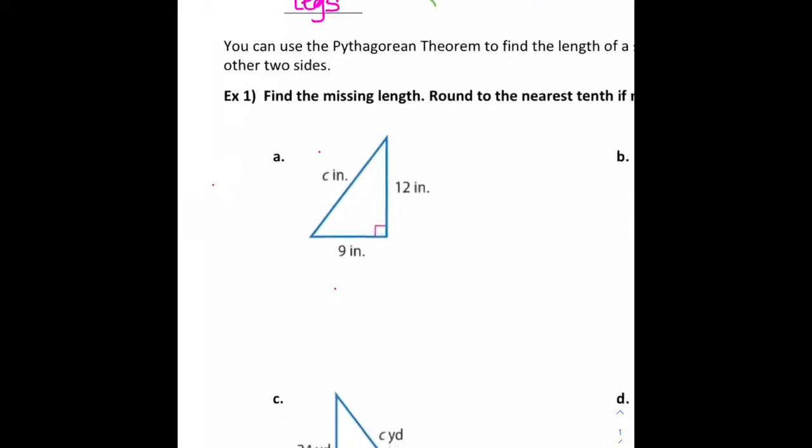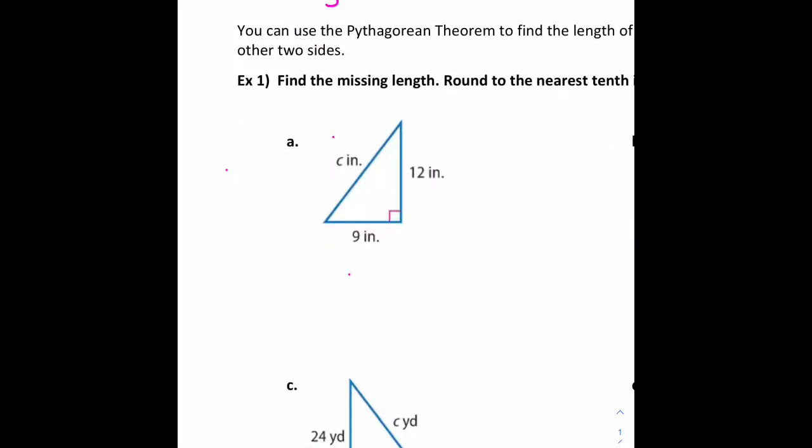Okay, so let's look at example 1, part A. So starting this problem, I'm going to first identify the legs and the hypotenuse of the triangle. I do also have to make sure it's a 90-degree triangle, which this one is, because it's denoted by the square in the angle of the triangle.